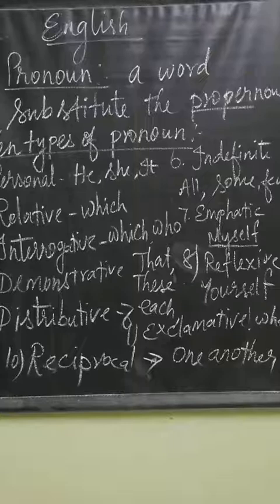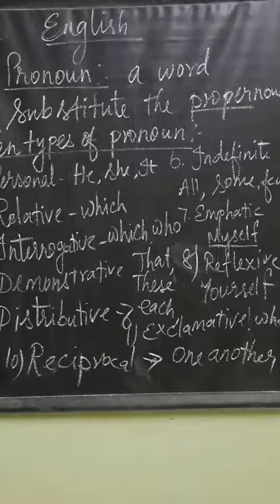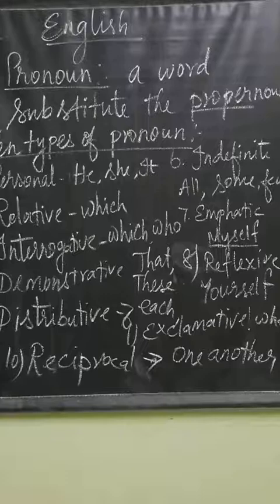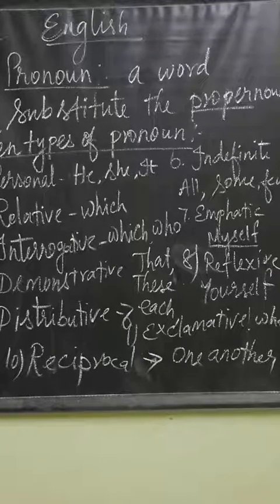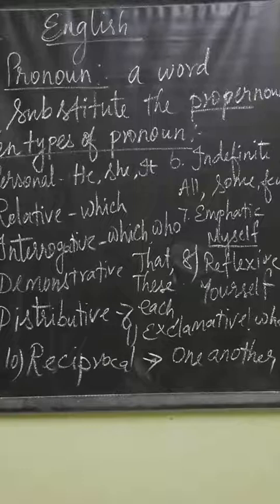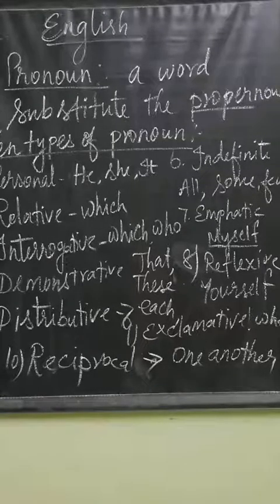Interrogating: while you are asking questions, you have to use the interrogative pronouns. Demonstrative, I already told you: this, that, these, those are demonstrative pronouns. Distributive: each, every, those words are called distributive pronoun. For example, each one of the children has a watch.